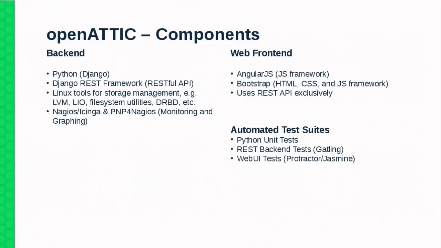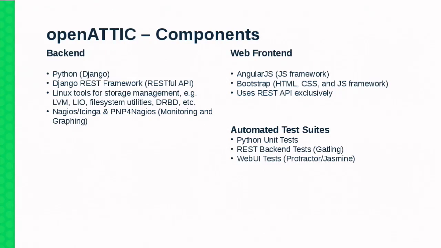From a technology perspective, openATTIC can basically be split into two major components. You have the backend on the one hand, which is a Django application, so it's written in Python. And we can then make use of the whole ecosystem of tools and frameworks around the Django project, which is a pretty mature and well-developed community project.